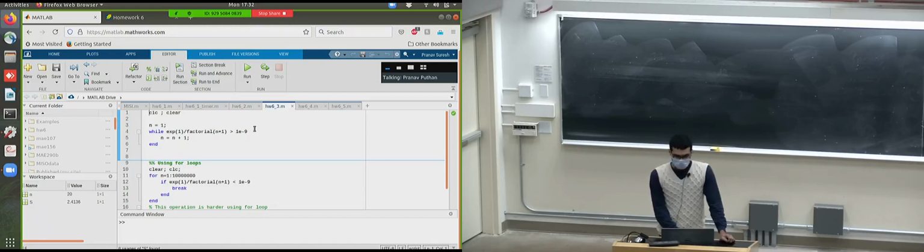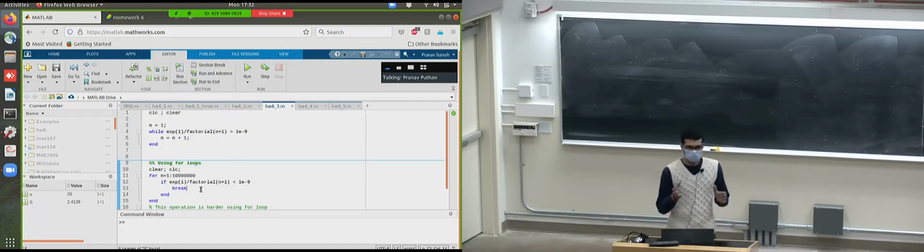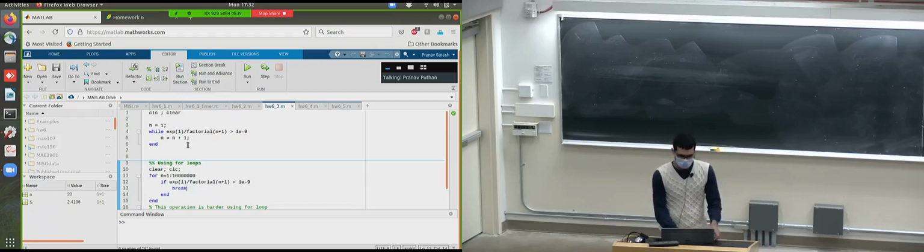A different way to implement this is by using an if statement and a for loop. If I want to get the same operation done using an if statement and a for loop, now I don't know what the value of n is at which this condition is getting satisfied, right?